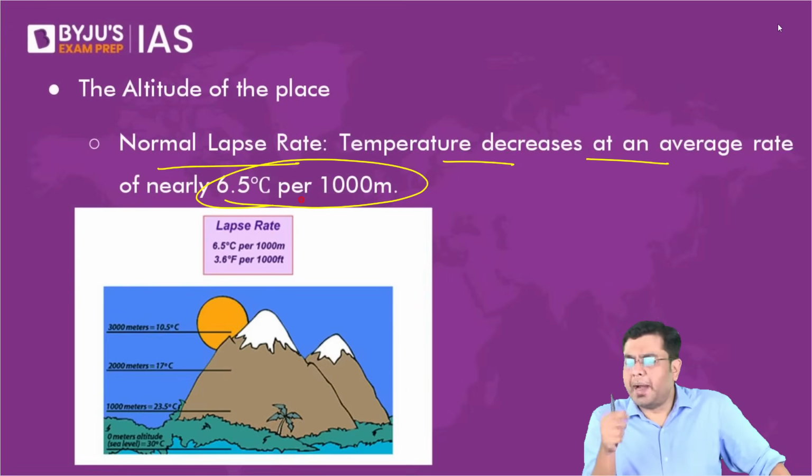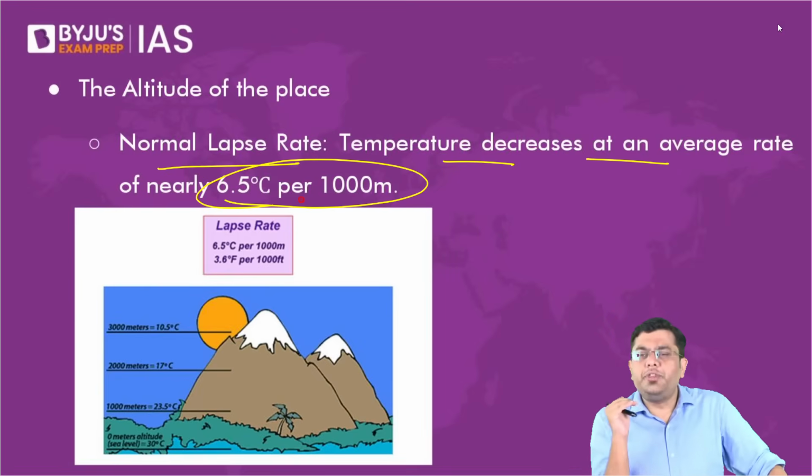So if you move 2 kilometers higher up, the temperature will reduce by around 13 degrees Celsius. Now, here you might also have a question: when we talk about places at altitude, the insolation received is high. Then why is the temperature lower? And there the reasoning is very simple. It is the same reasoning that we followed for understanding the lapse rate.